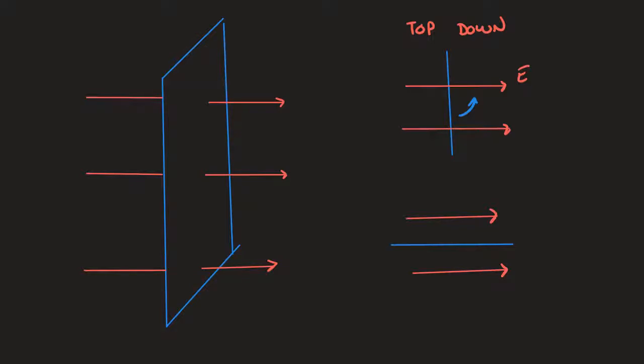Now, mathematicians and physicists have had to come to agreement on how we measure the direction of a surface. This is probably not something you've ever heard about before, but we have come up with an arrangement to give area a direction. And the direction of an area is perpendicular to its surface.